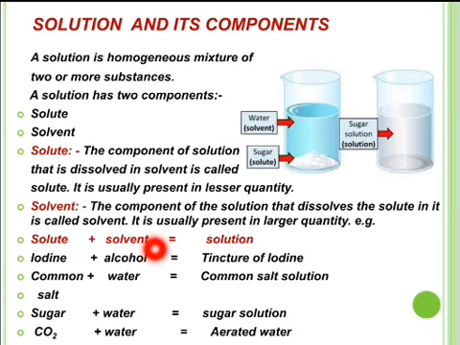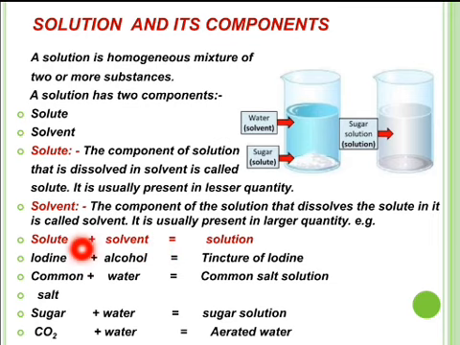Iodine is insoluble in water, so tincture of iodine solution will not be prepared in water. For this, the solvent is alcohol because iodine is soluble in alcohol. Alcohol is taken in larger quantity in which iodine as a solute is dissolved in a smaller quantity.